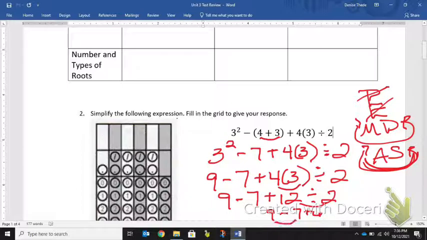So 9 minus 7, I'm going to have to do this to the side, is 2. 2 plus 6 is equal to 8. So my answer here should be 8. And I can't bubble in 8 because I would lose it. But you put in 8 and then you bubble in the 8 below, and that would be your answer.